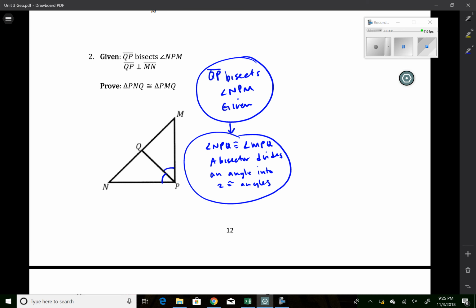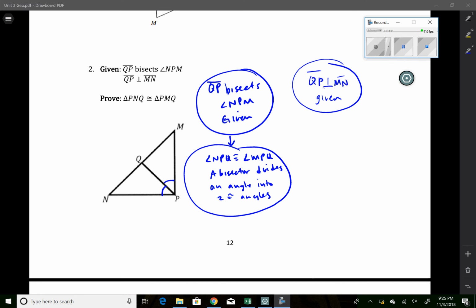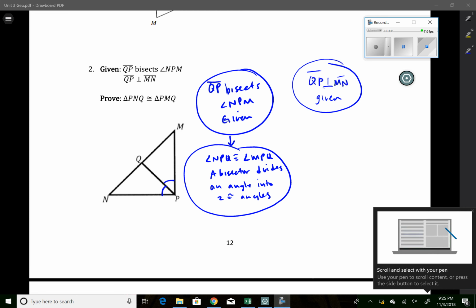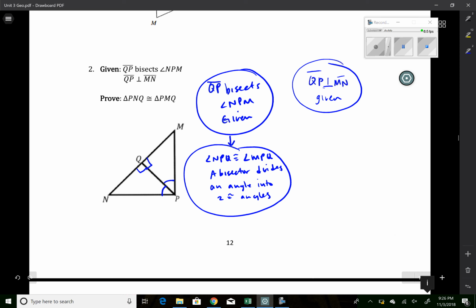The next given says that QP is perpendicular to MN. So now we have to think, what does perpendicular mean? Perpendicular means wherever those 2 segments intersect, they're going to have right angles. Now this given is always going to follow with 2 bubbles.